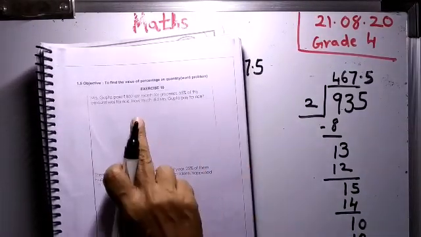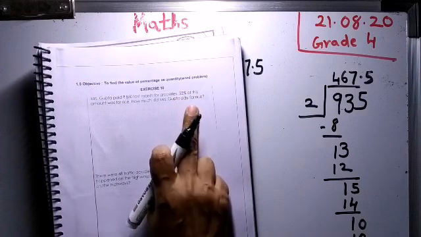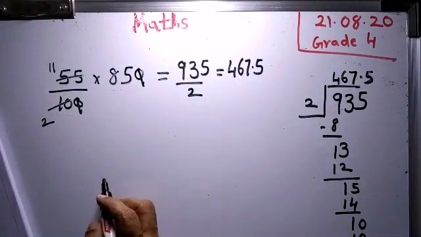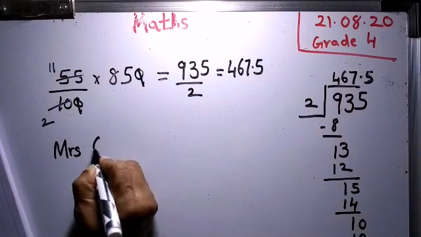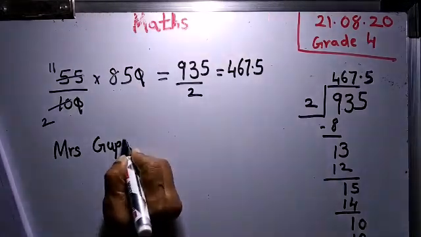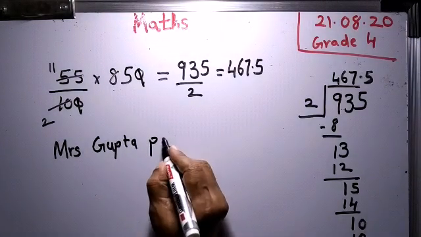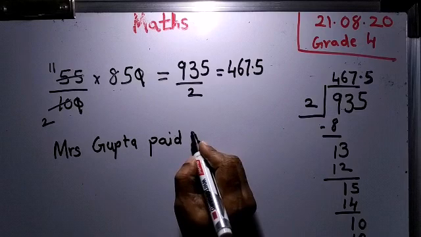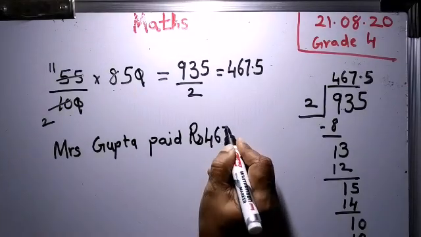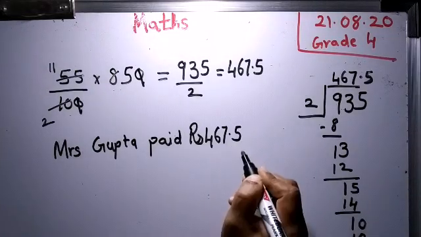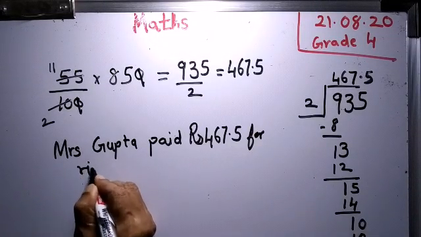We have got the number now. How much did Mrs. Gupta pay for rice? We had 55%, right? So that we have converted into the value. So can we say, Mrs. Gupta paid rupees 467.5 for rice.